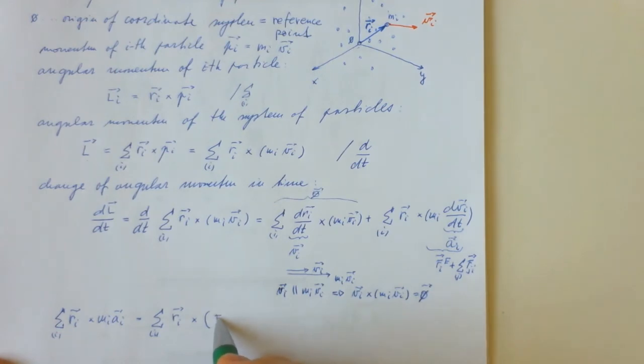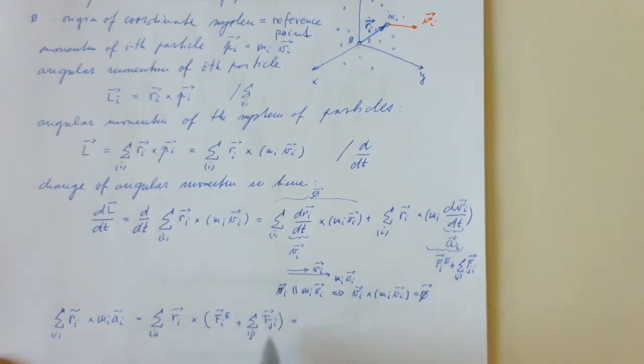Okay, it is the sum of external forces acting on particle i plus the sum of all internal forces, because other j particles are acting on particle i.